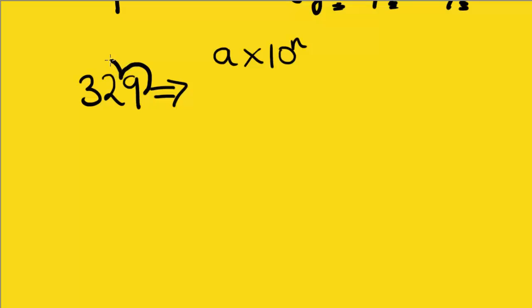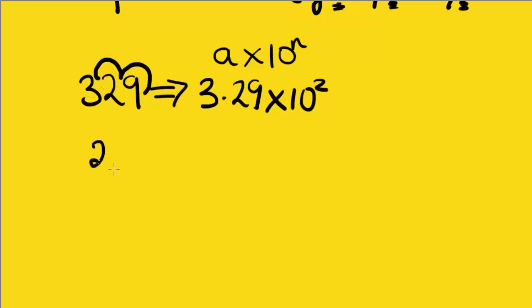So 1 and 2 in this case. You're trying to get to the position where you only have one number before the decimal place. So in this case, it'll be 3.29. And the number of times you move backwards is what n is going to be. And that's an easy way to do it.